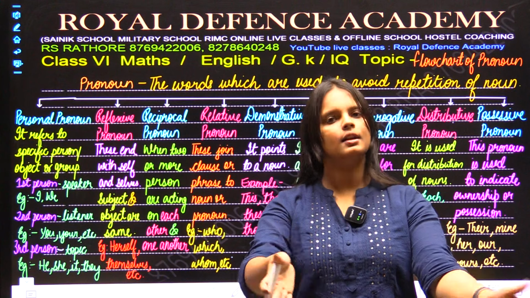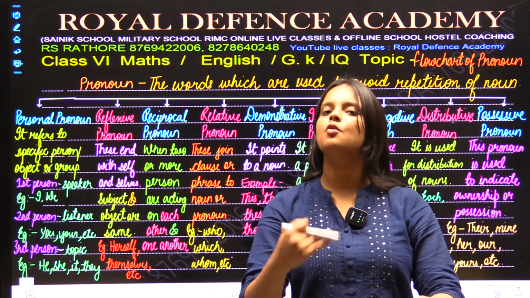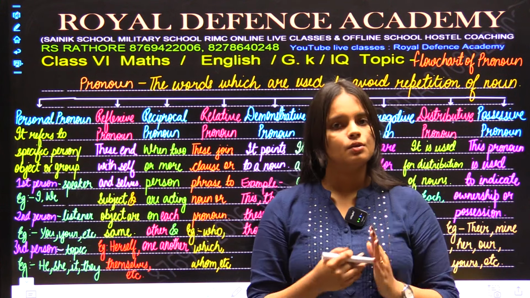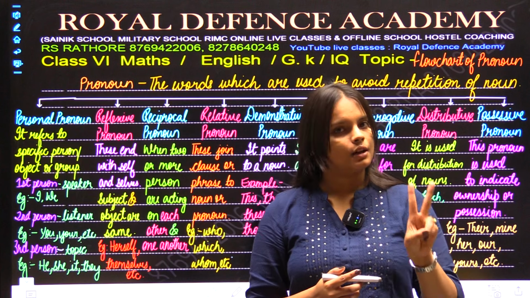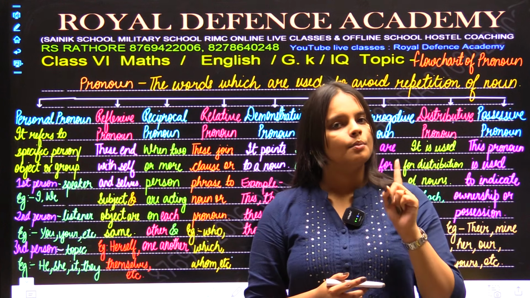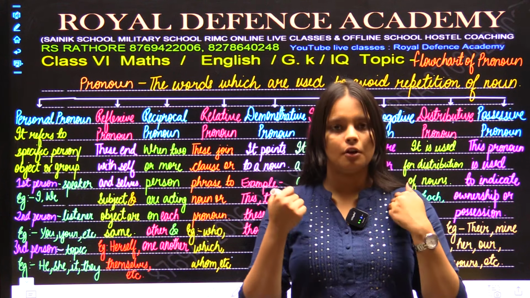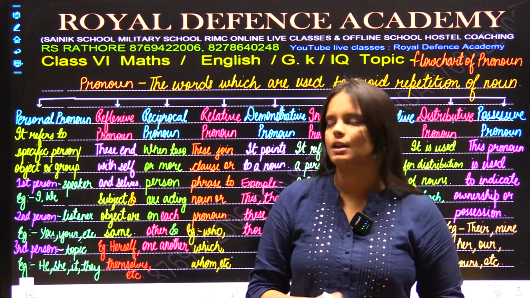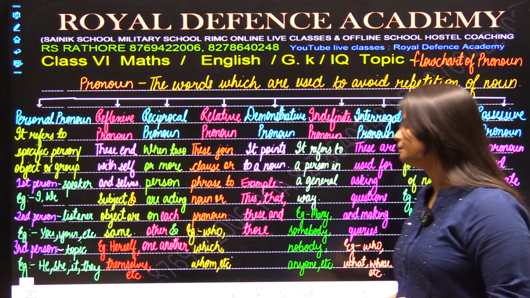I am pushing her, she is pushing me. The action is done on both of us and both of us are doing the action. So both of us are object, both of us are subject. Means there are 2 subjects, there are 2 objects. One person is a subject as well as an object. The action is done on me as well as I am doing the action. So reciprocal pronouns are each other and one another.